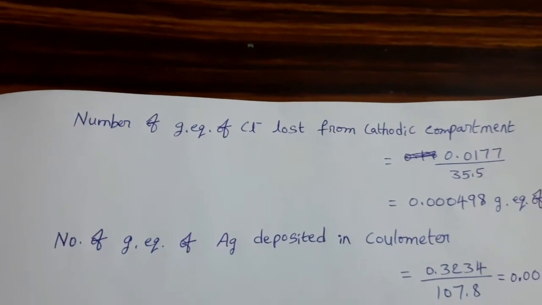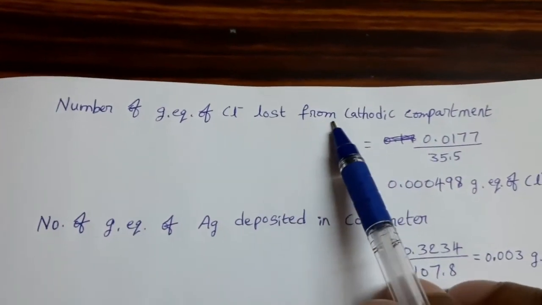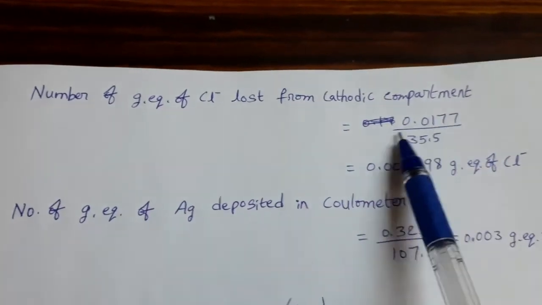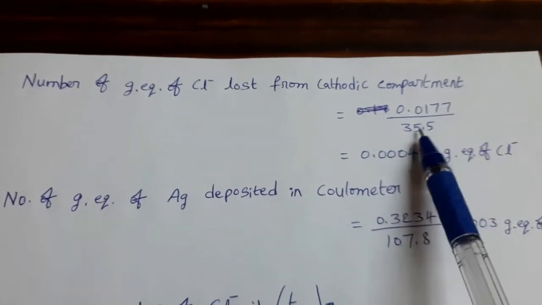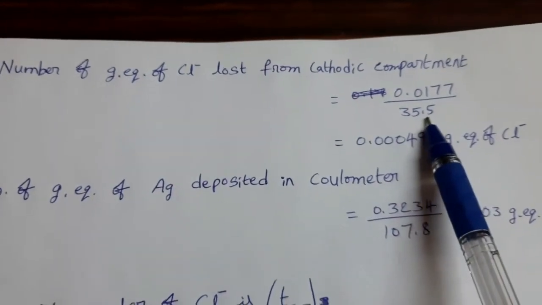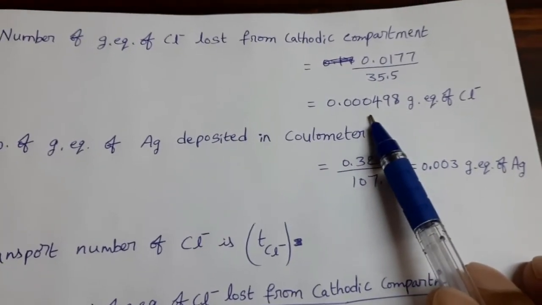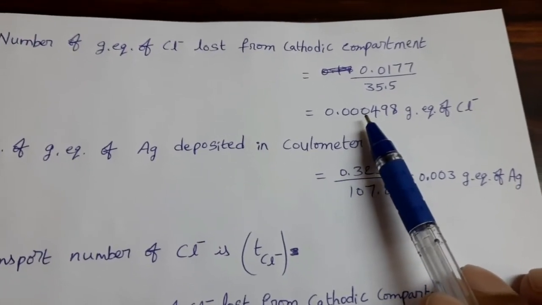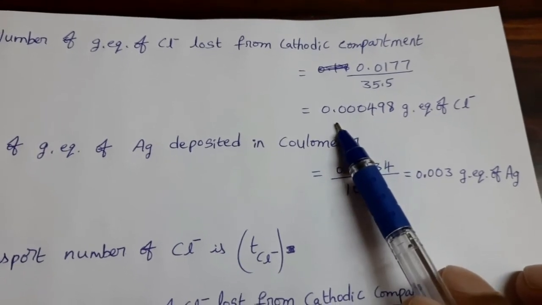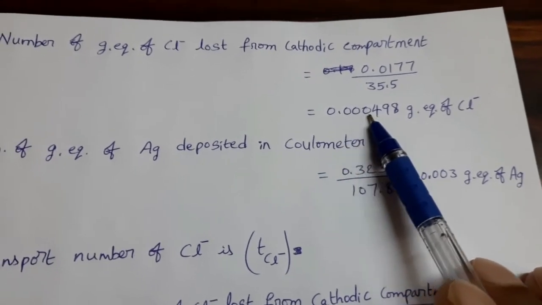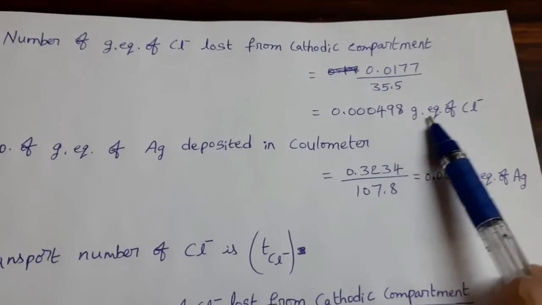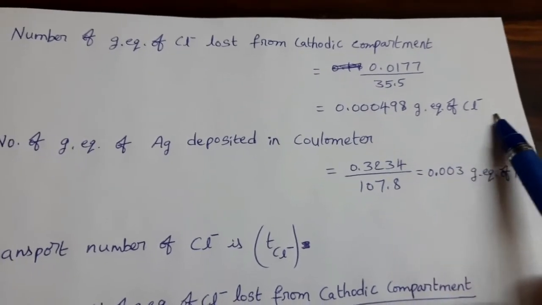Now, see this. Number of gram equivalents of Cl minus lost from the cathodic compartment: weight of chloride ion divided by atomic weight of chloride, how much? 35.5. So the number of gram equivalents of Cl minus ion is 0.000498 gram equivalent of Cl minus.